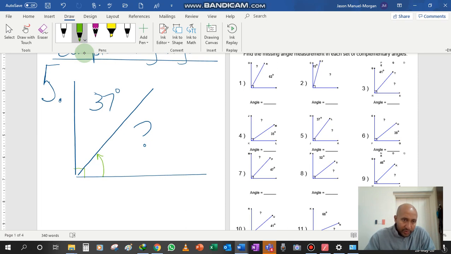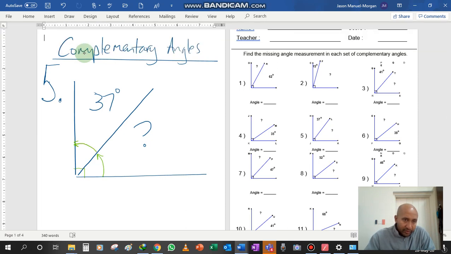And here we have our given angle of 37 degrees. Here we have our unknown degrees. Let's call this angle A, and let's call this angle B. We know from the first part of this lesson that angle A plus angle B equals 90 degrees. So in order to calculate angle A, we will just have to subtract 37 degrees from 90 degrees.